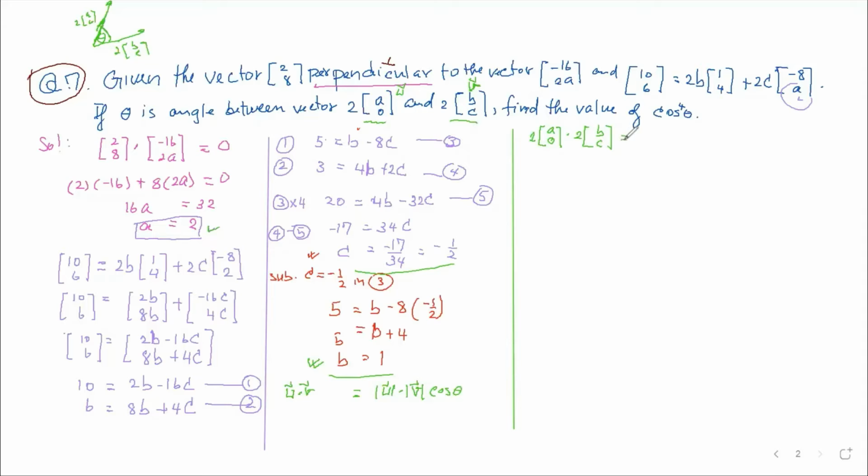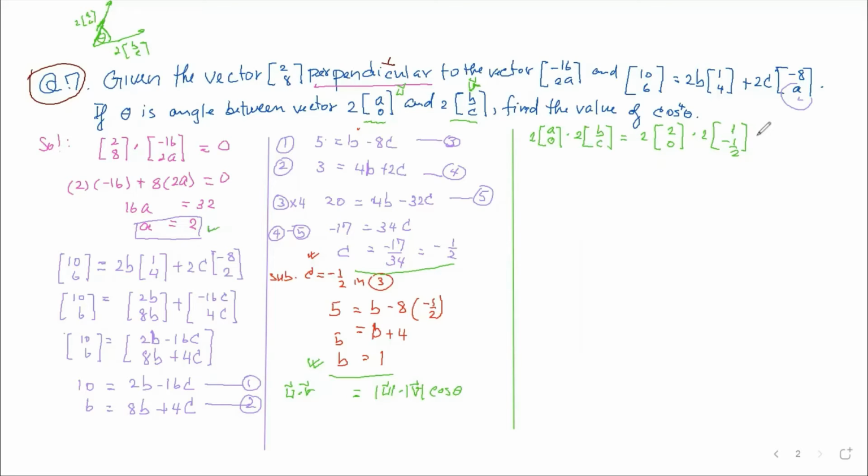So you can write down, replace A is 2 and this one 0, times 2, B is 1, C is negative 1 over 2. So we got all the unknowns A, B, C, so we replace all the numbers we got here.